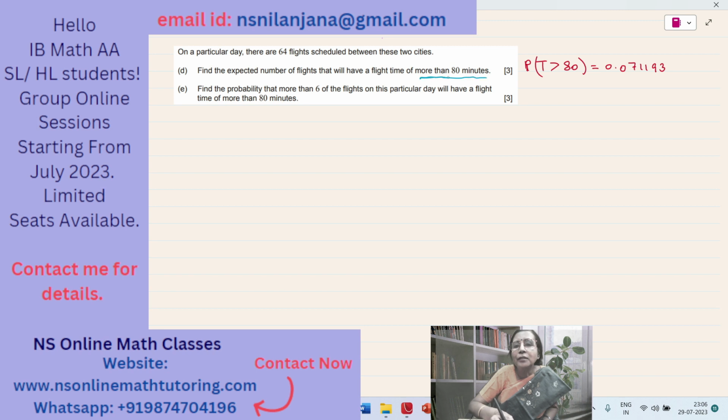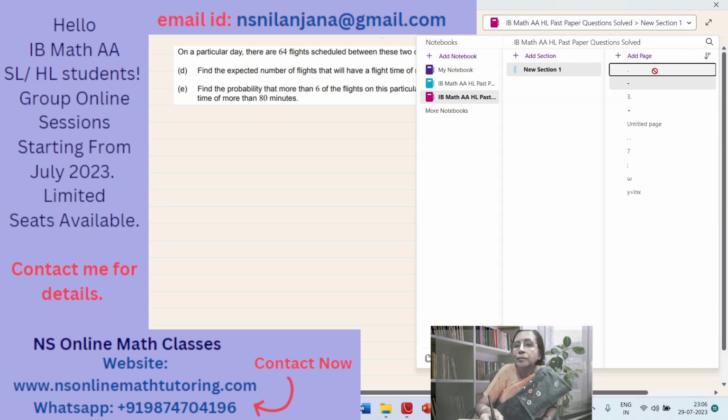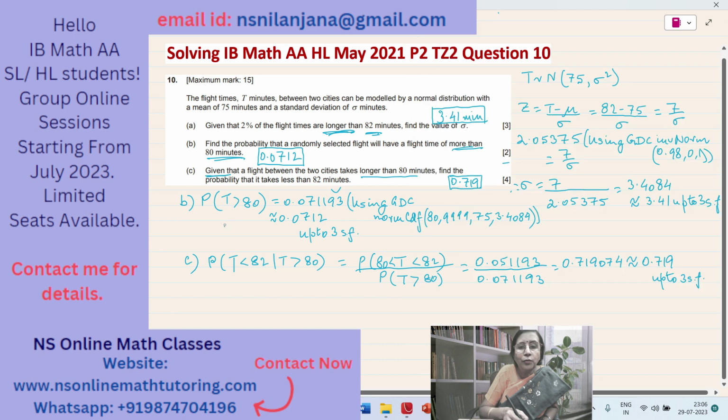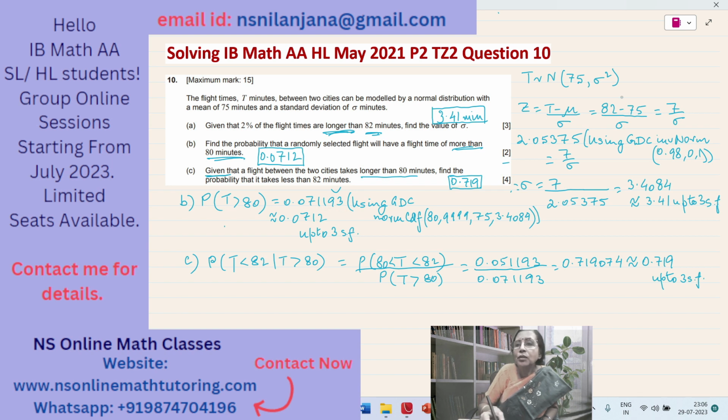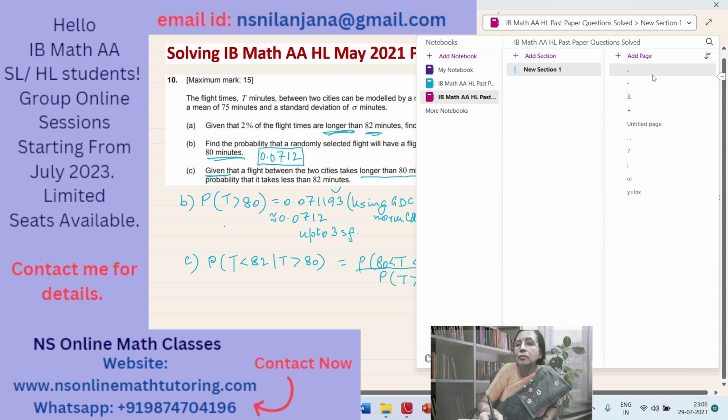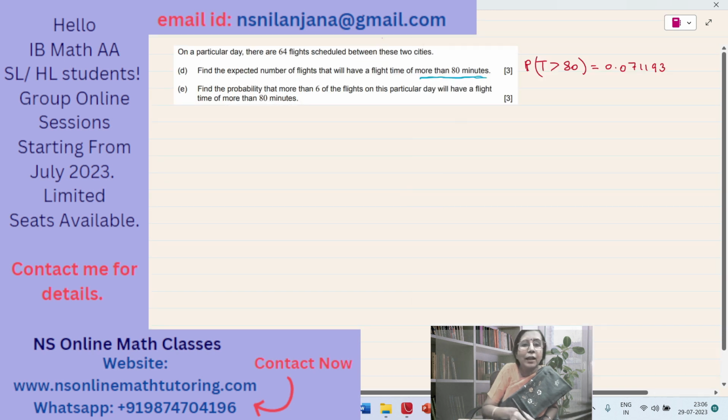In subpart B we had seen the probability of the flight time more than 80 minutes is 0.071193. It was this one over here.